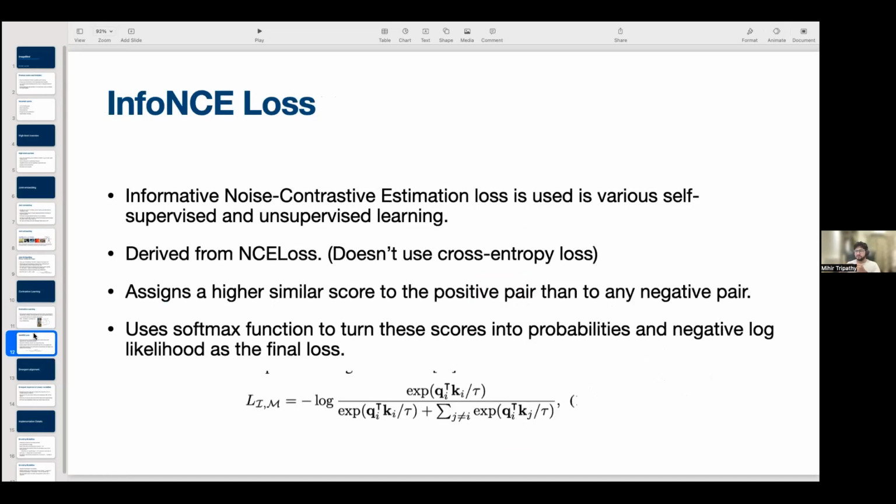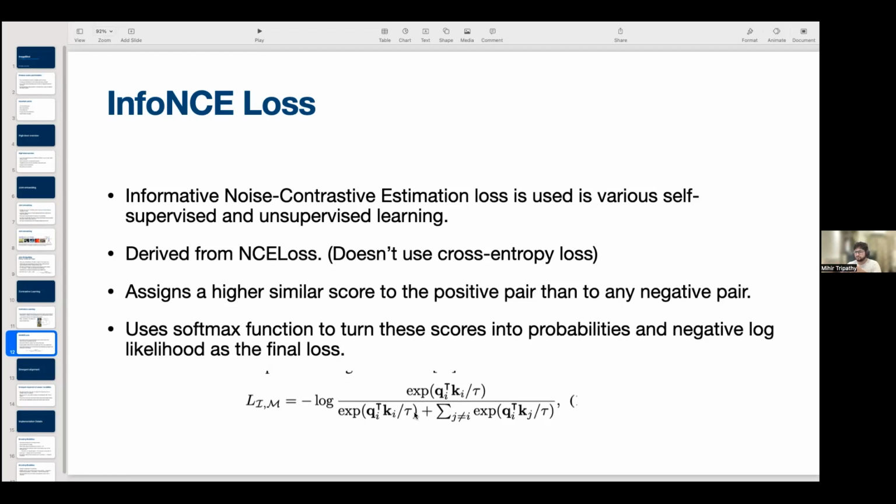I won't be going into depth about the InfoNCE loss and how it is derived because it is a hugely vast topic, but just to give you a brief overview and how it is used in this paper. Informative noise contrastive estimation loss, also known as InfoNCE loss, is used in various self-supervised and unsupervised learning methods. As I said before, it assigns a higher similarity score to the pairs of data which are similar to each other, and a lower score to those which are negative.